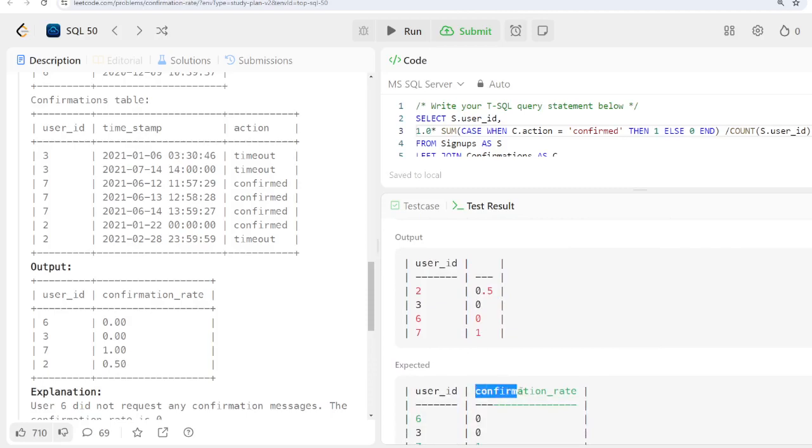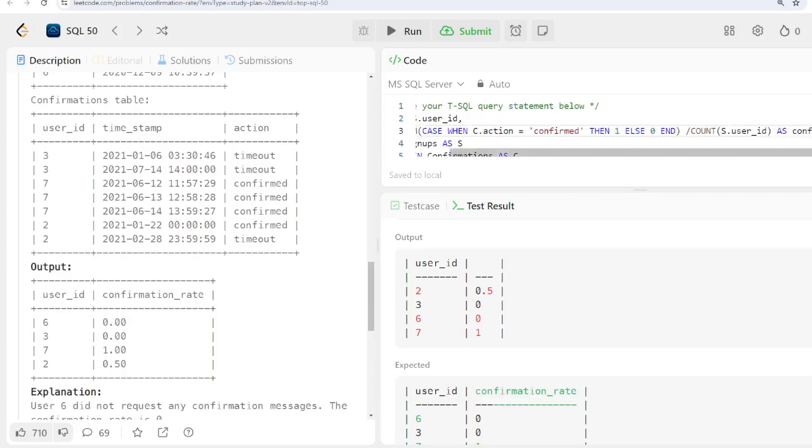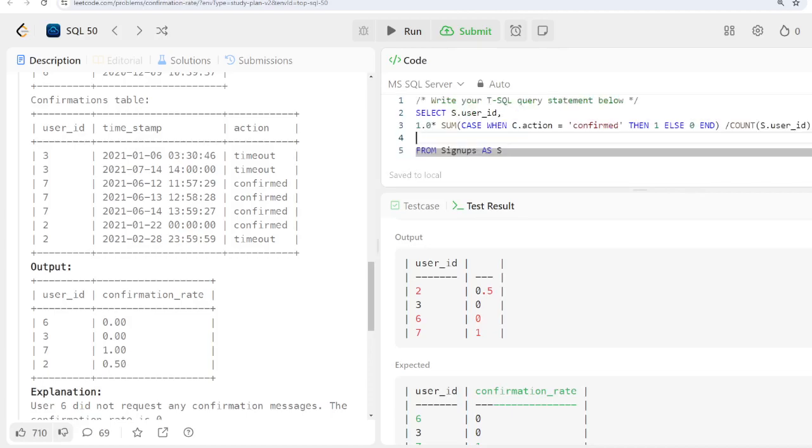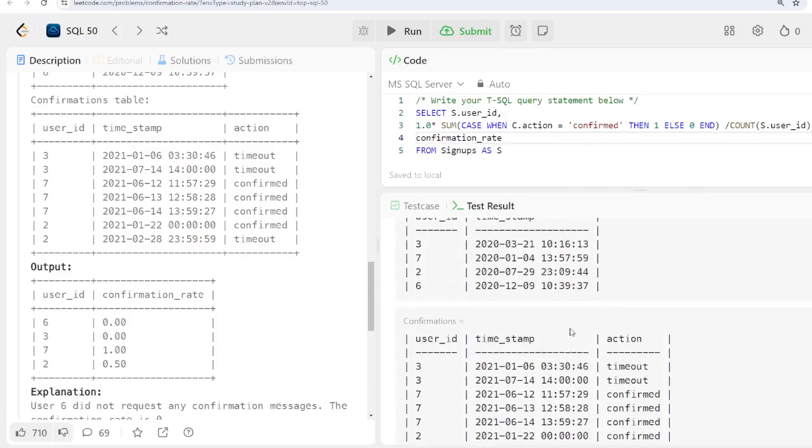Now we also have to alias this column as confirmation rate. So I can say as confirmation rate, right? All right, and yeah, so we are good to go.